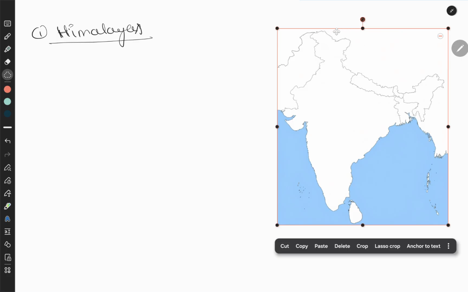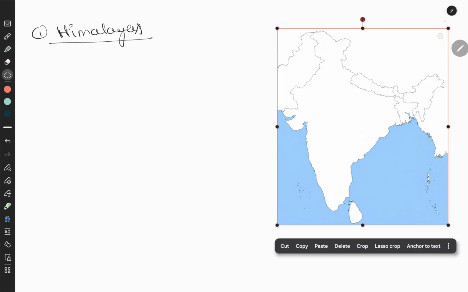This plate is the Gondwana plate, and the plate above it is the Eurasian plate. The Gondwana plate will slowly come and meet the Eurasian plate. Here there is a sea called the Tethys Sea. This Tethys Sea became hills, which nowadays we call the Himalayan hills.